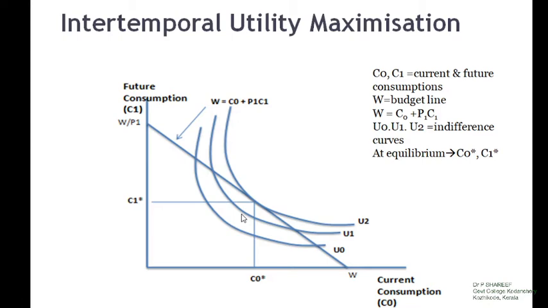The other indifference curves only intersect. The only one indifference curve U2 which becomes tangent to the budget line shows the point of maximum utility, that is the intertemporal utility maximization point.